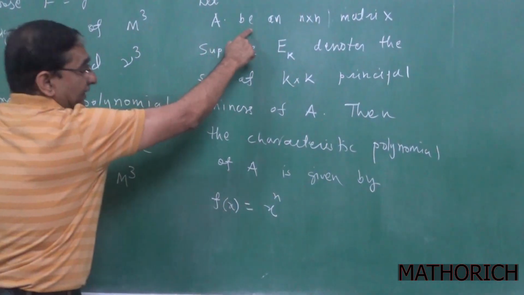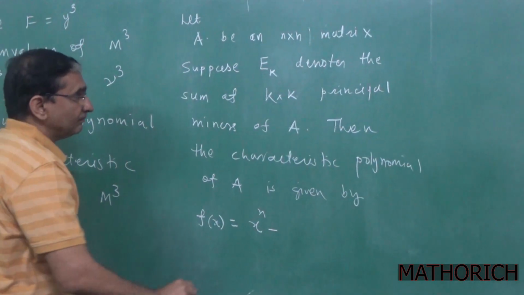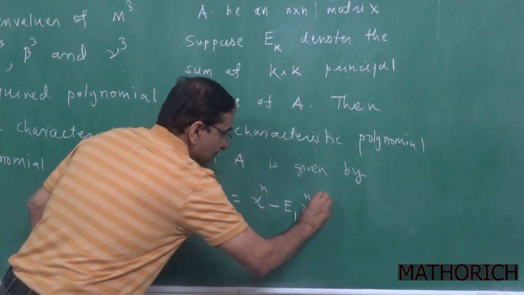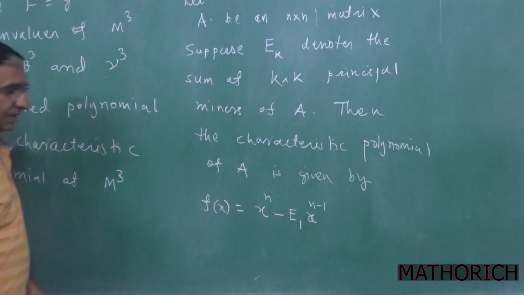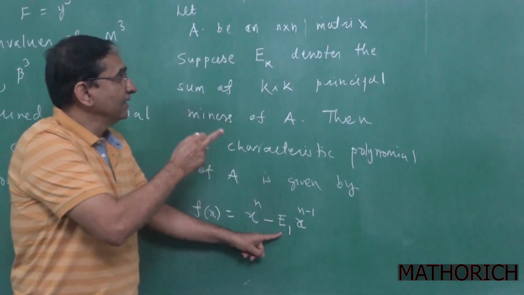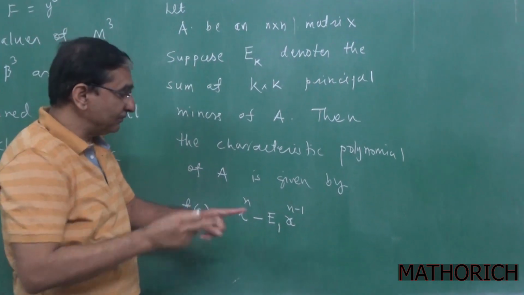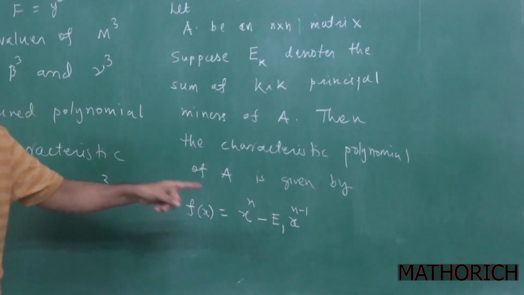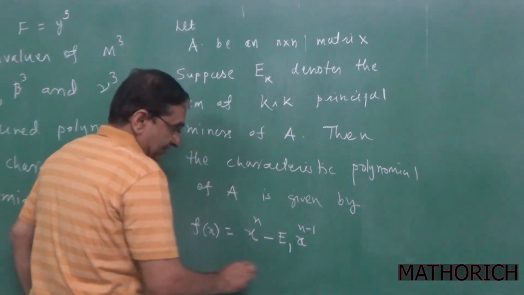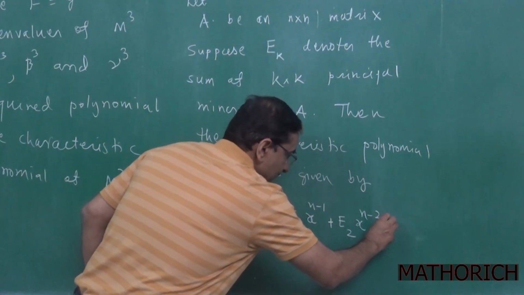The n cross n matrix I have taken, so it will be of degree n, minus E1 x raised to n minus 1. Can you identify what is E1? E1 is the 1 cross 1 principal minors, that means entries on the diagonal. Sum of the entries on the diagonal means this is the trace. E1 is nothing but the trace of the matrix. So this coefficient is the trace, plus E2 x power n minus 2 and so on.